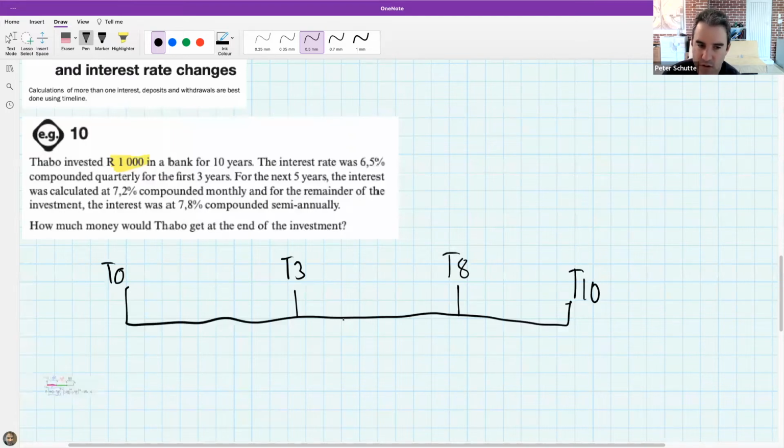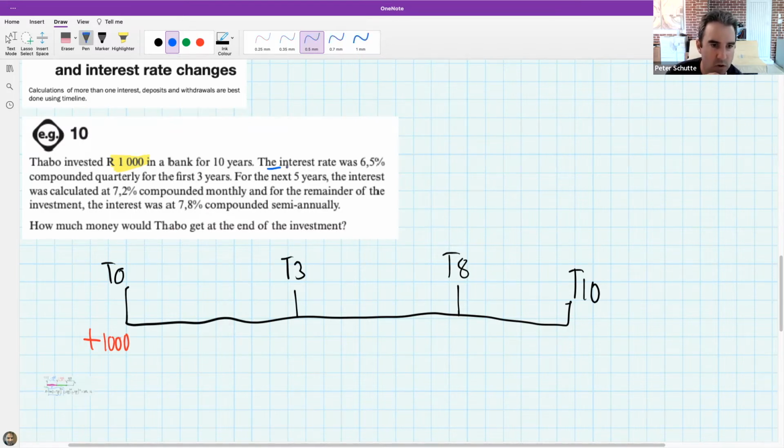Okay, so now this is only half the story, but at least we've got the basic idea of what's going on. Now, you can do this in different orders, but basically I like to ask, how much money is in the kitty? It's 1,000 Rand at the very beginning. And this 1,000 Rand has to go through a journey over this timeline. And along this journey, the interest rates change.